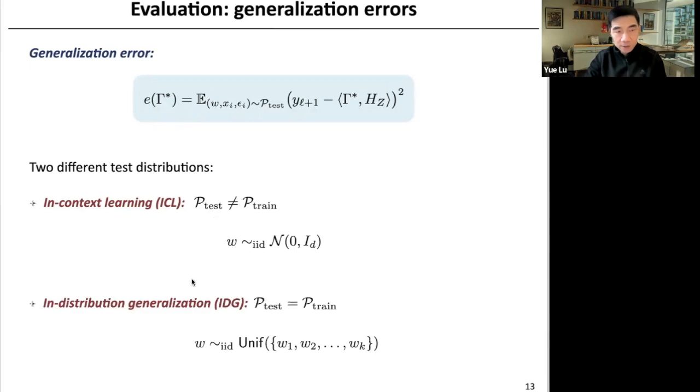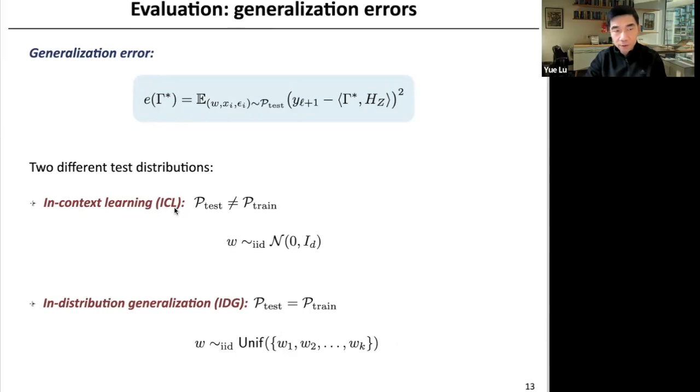Now, the second case, we call the in-distribution generalization, or IDG, setup, where the testing distribution is the same as the training distribution. In the training distribution, we first have a finite number k of task vectors, omega 1 to omega k, and then the training distribution is a uniform distribution on these k different task vectors. So there are two different settings.